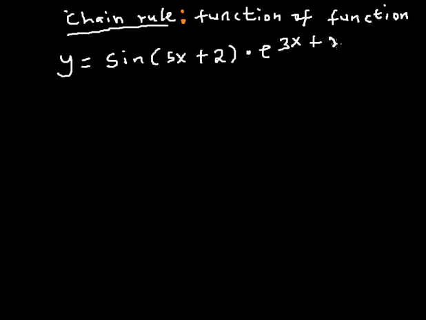Now this is a very complex derivative. Why? Because there are two rules that you need to apply here. I have a function of a function, and at the same time I have a product function.